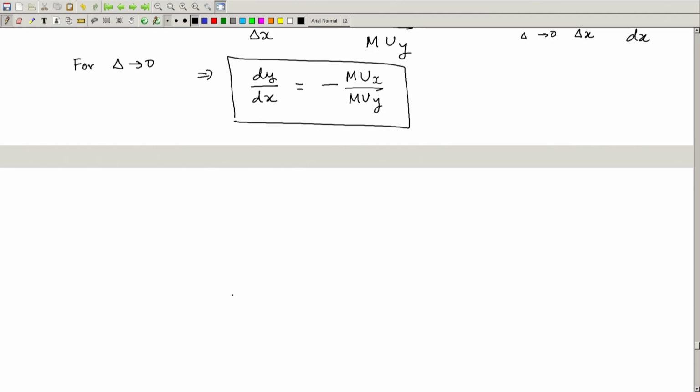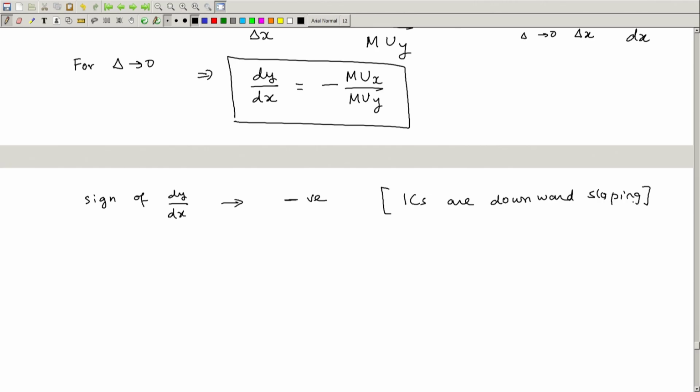There are three things here that I would want you to pay attention to. One is the sign of dy dx. The sign, as you can clearly see, is negative. There is a minus sign, which is consistent with the fact that indifference curves are downward sloping.